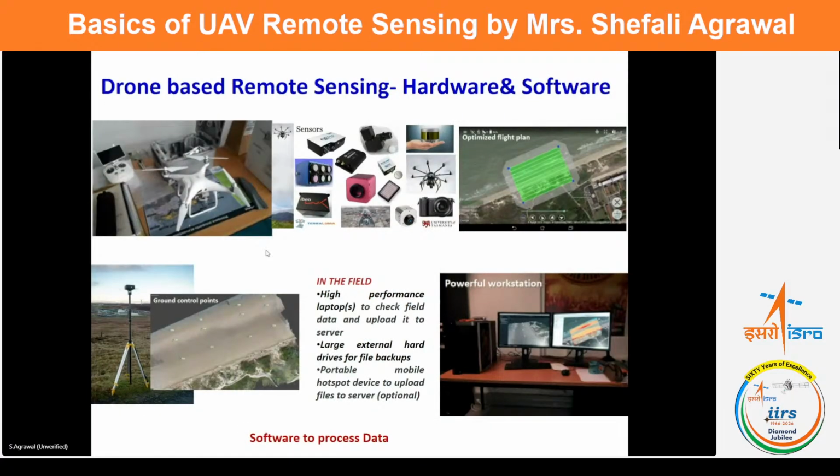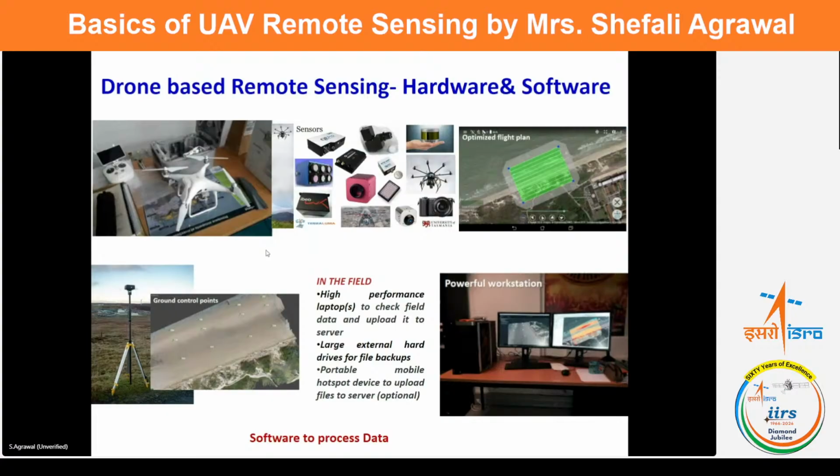So this is primarily the hardware and software required for drone-based UAV remote sensing. What we need is a drone with the required instrumentation, the payloads we talked about. Along with this, we need mission planning software, which is built into the ground control station.